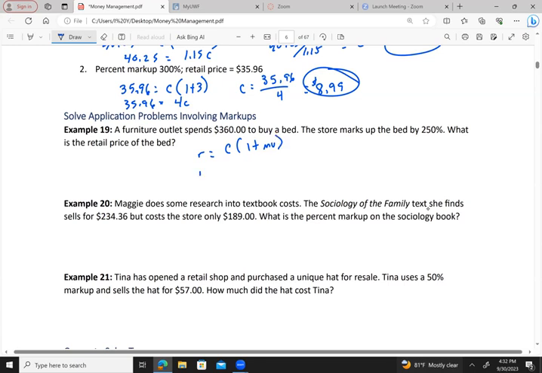My cost is 360, 1 plus 2.50. So R is 360 times 3.50, which gives me a retail price of $1,260.